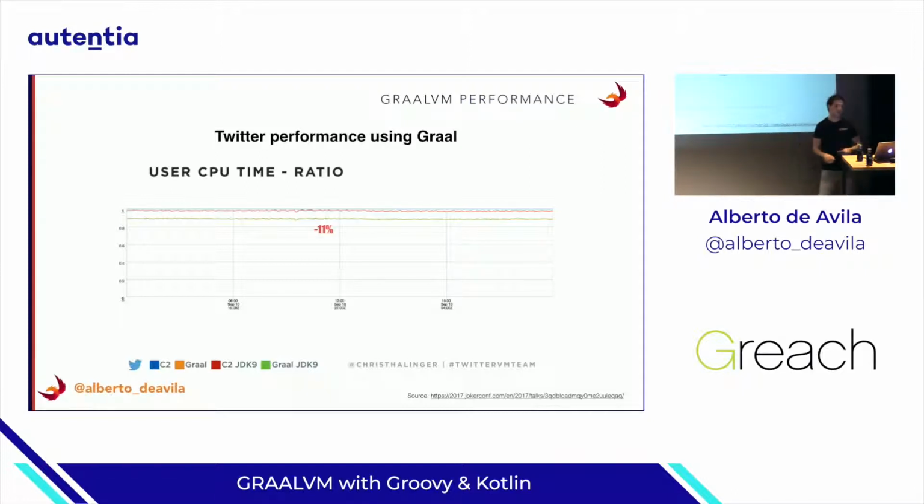So with this, they have saved more than $5 million in computers only using Graal. So 10% can look like only a little, but it can represent a lot of money in big companies.